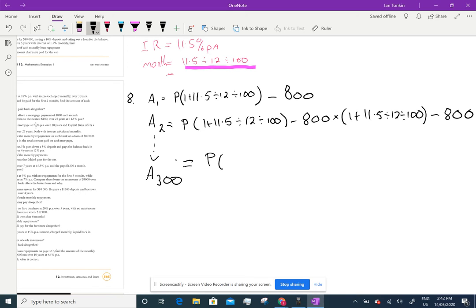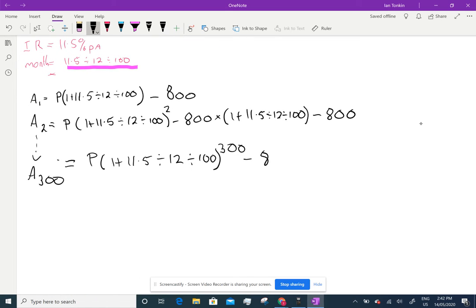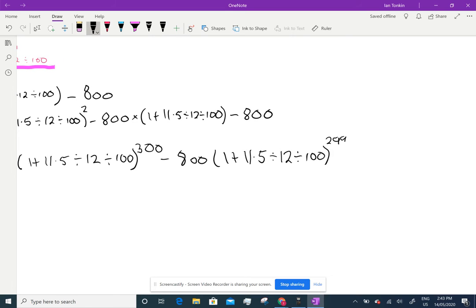So eventually we're going to get down here to A of 300. And we're going to get this principal times 1 plus, and by the way, that's squared, 11.5 divided by 12 divided by 100 to the 300, minus 800 times 1 plus 11.5 divided by 12 divided by 100 to the 299, dot dot dot, and they'll have an 800 at the back, minus 800.